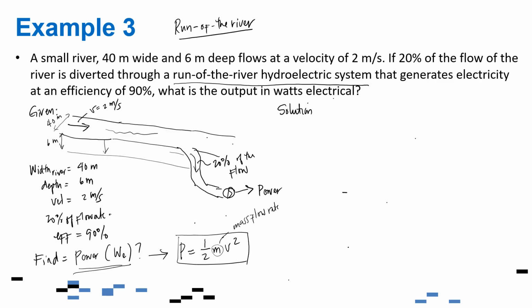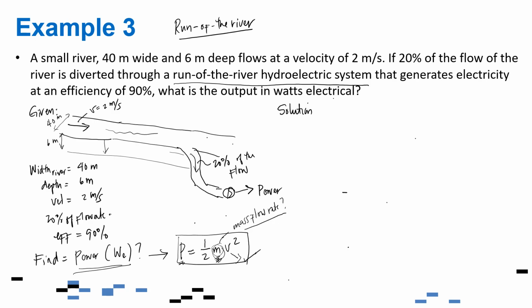In this case, we need the mass flow rate of the system because this is not given. Velocity is given, but mass flow rate is not given. So in order to get the power, we need to find the mass flow rate.